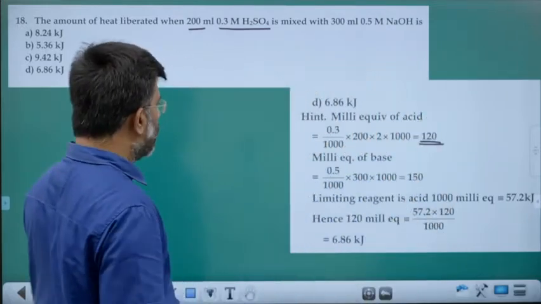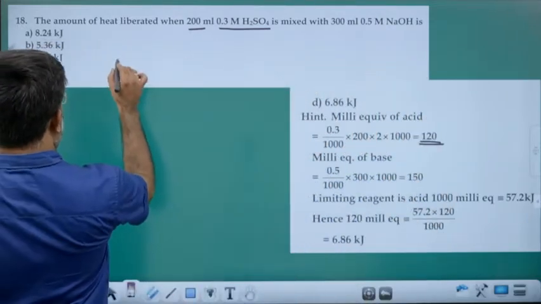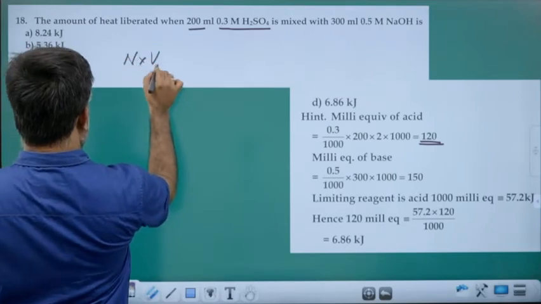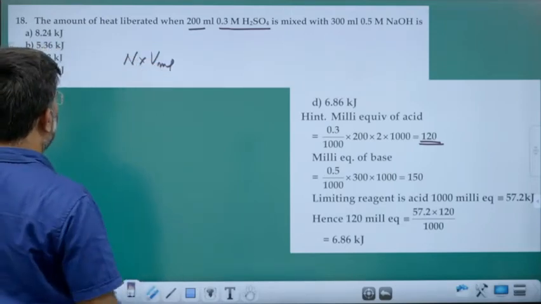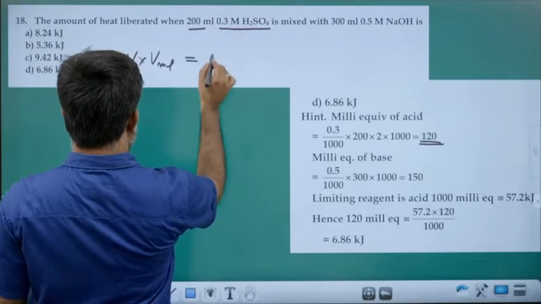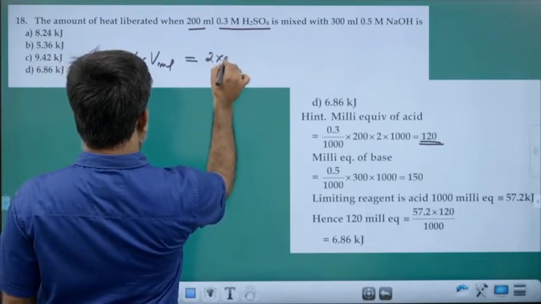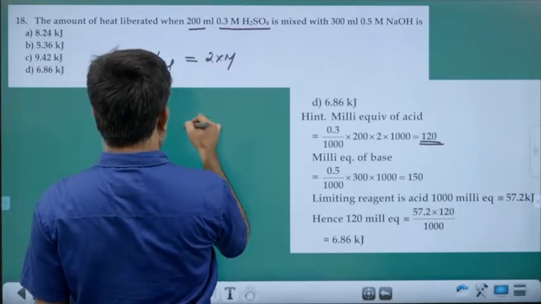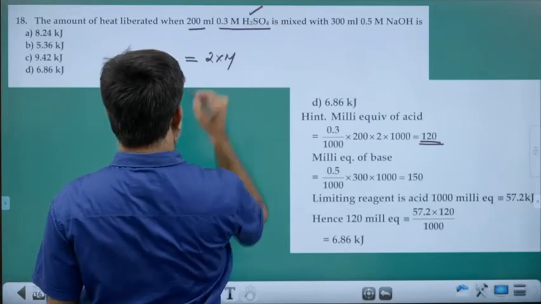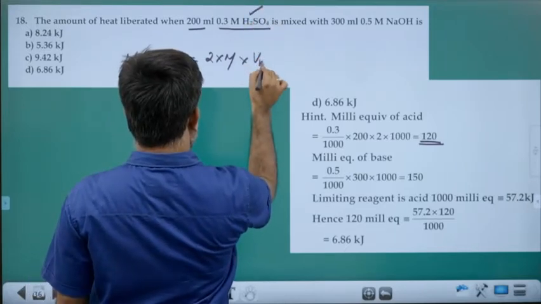How to get milli equivalents? Normality into volume in milliliter. What is normality? Two times molarity, because it is a dibasic acid, into volume in milliliter.